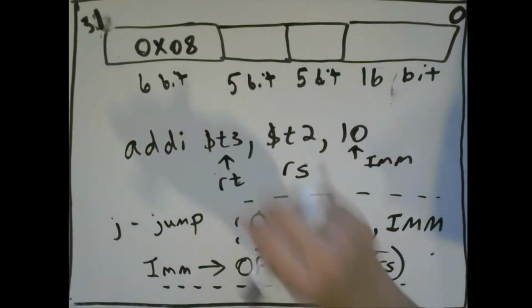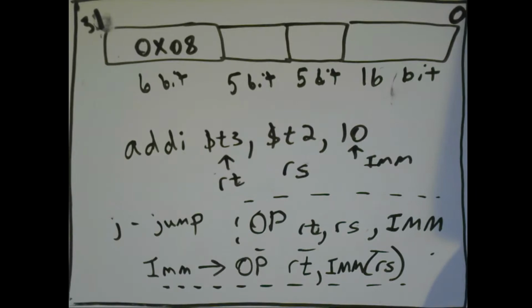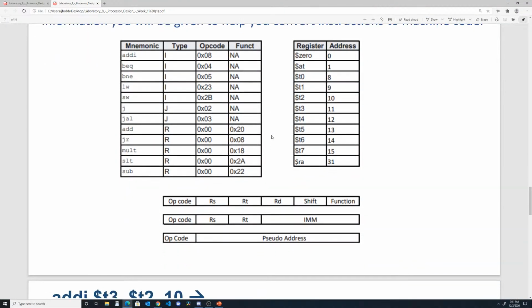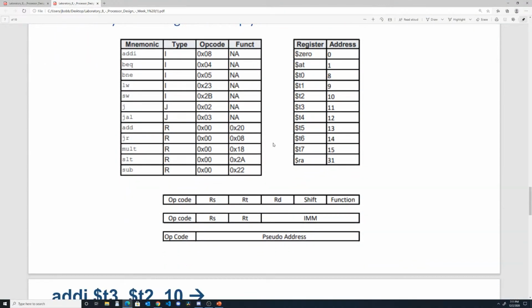All right, so we need to occupy these bit fields here. If we go back to our diagram here that you guys will probably be given on the test, you can see that this is the RS right here, and this is RT.